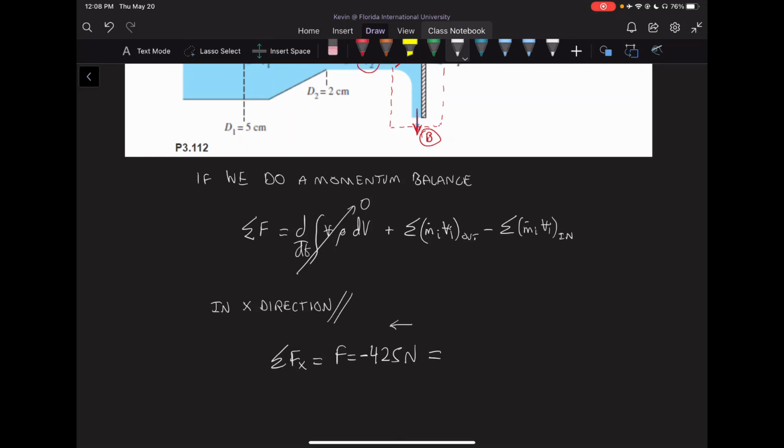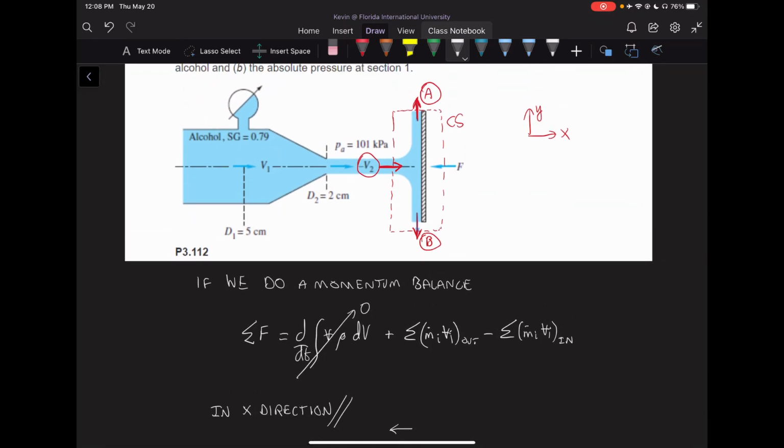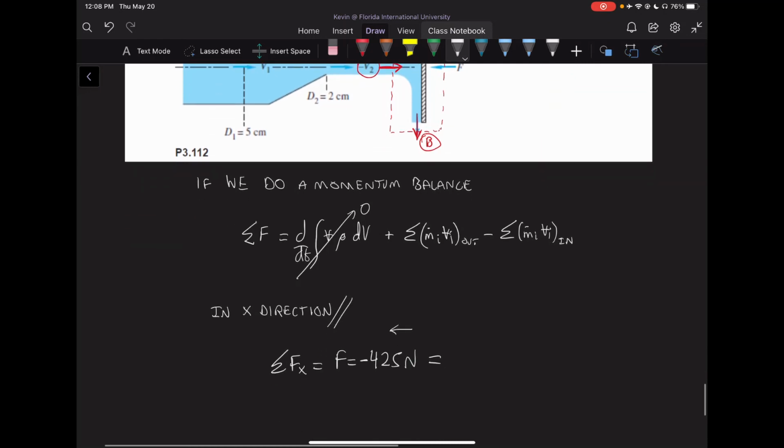Okay, and we're told that this is equal to out minus in. So is there anything coming out in the x direction in our flow? No, there isn't. There's only a term coming in. So there's only a flow coming in, so it's negative m dot, which is the mass flow rate we're looking for, multiplied by V2.